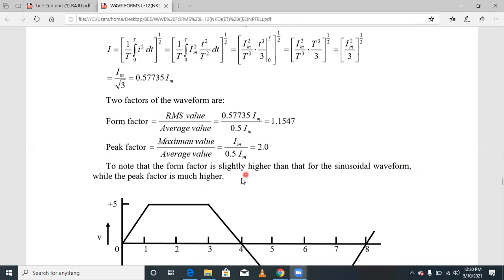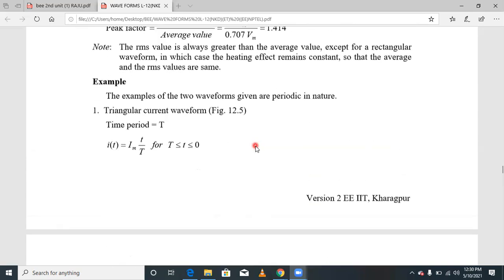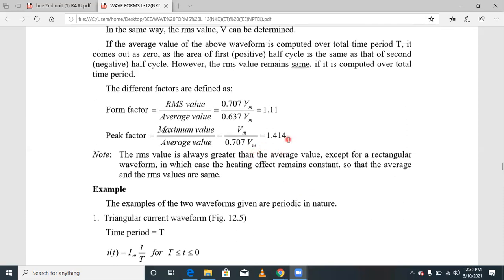While the peak factor is much higher, equal to 2. For the sinusoidal waveform, the peak factor is equal to 1.414. This is the peak factor.